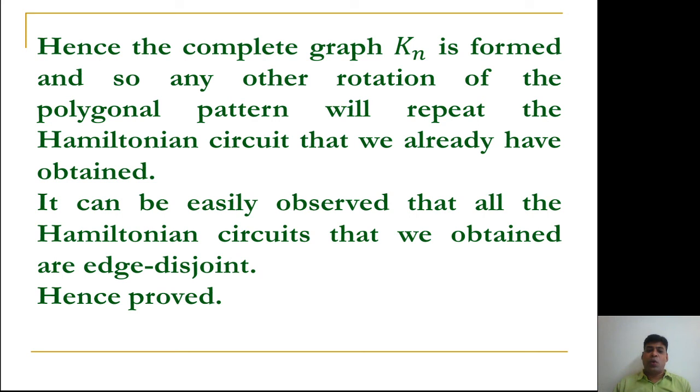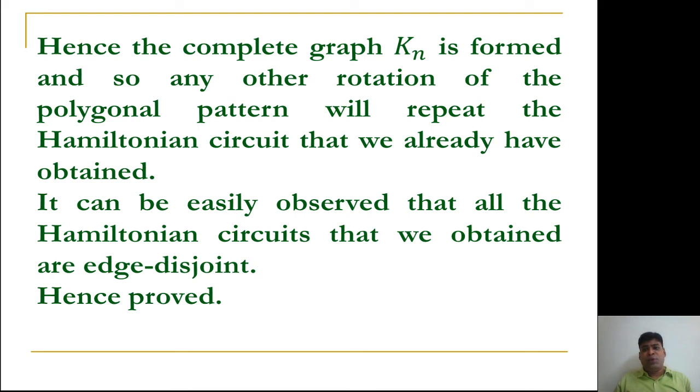That means we have exactly (n minus 1) by 2 Hamiltonian circuits obtained in Kn. And of course they are edge disjoint because we are rotating the pattern. We are just rotating the neighbors, so we don't have the same neighbors every time. So the Hamiltonian circuits obtained by this rotation of the polygonal pattern will always give you edge disjoint Hamiltonian circuits. So hence the theorem is proved.